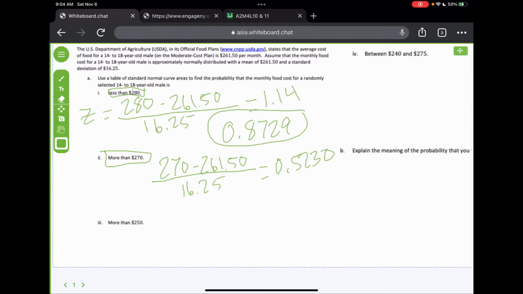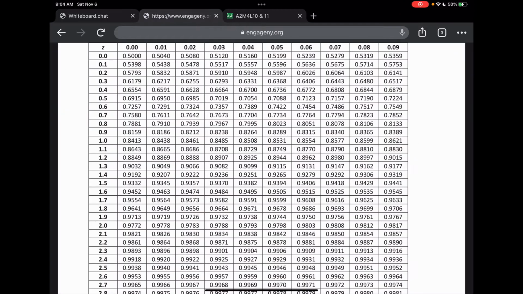Now, let's go find this z-score. Remember, this is the z-score. So if we go find 0.52, and here it is, 0.6985, we'll round it to 85, okay?